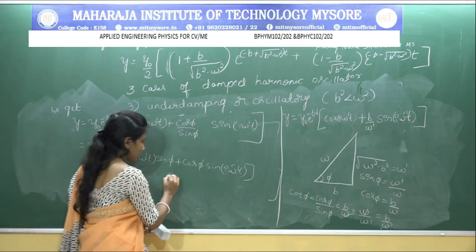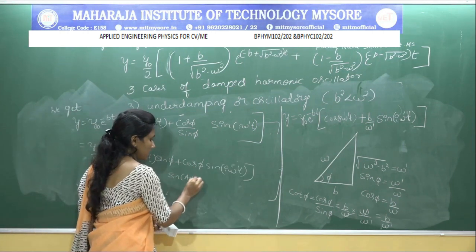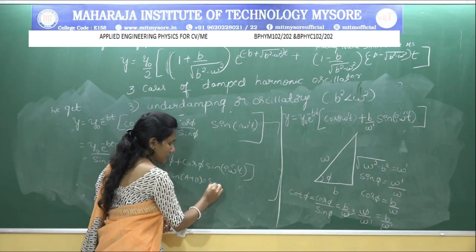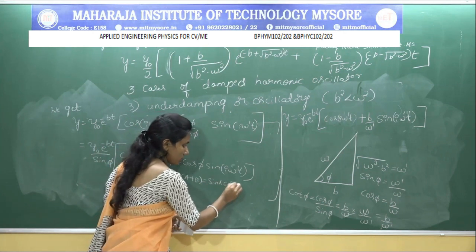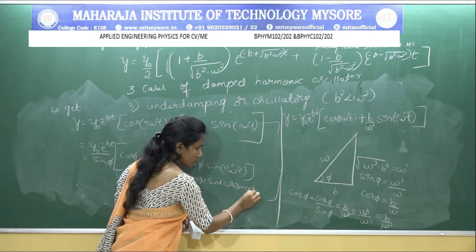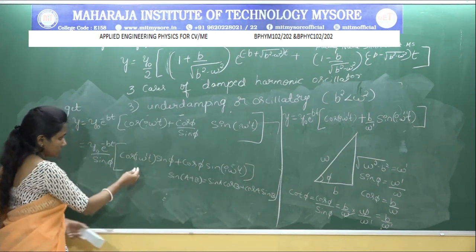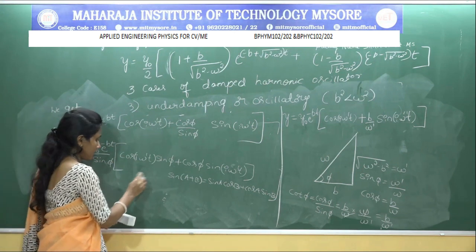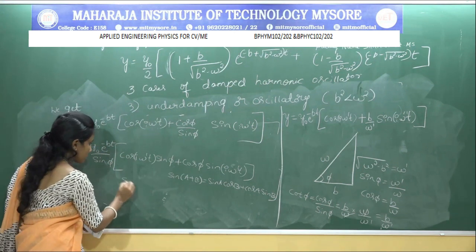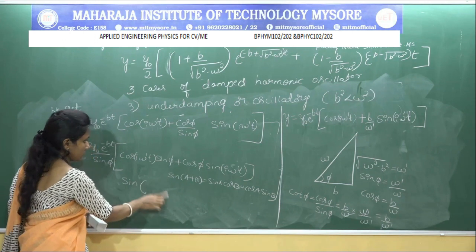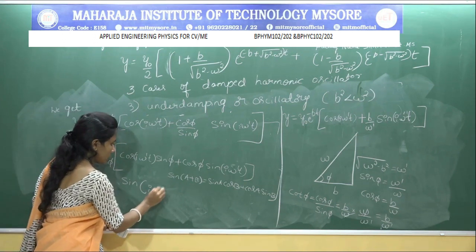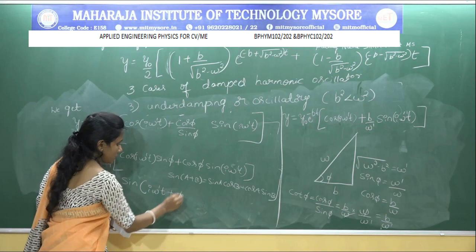Sin of a plus b is equal to sin a cos b plus cos a sin b. So then we will get sin of ω't plus φ.